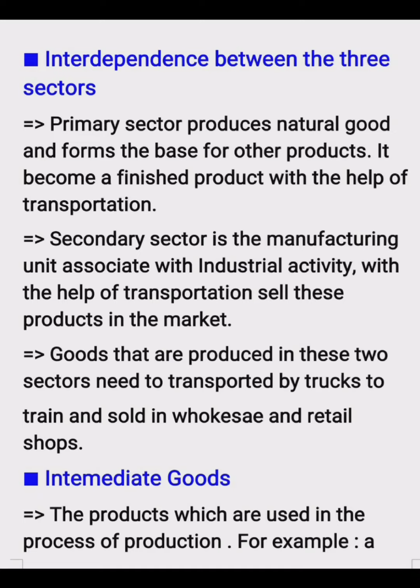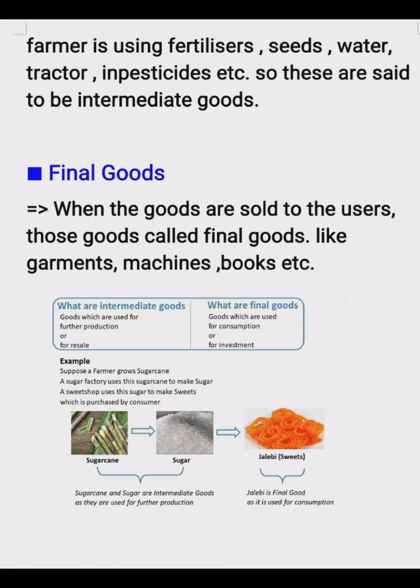Let's talk about intermediate goods. Intermediate goods are those which are used up in the production process to make final goods and services. For example, wheat flour. Let's talk about final goods. Final goods and services are those which reach the consumer for final consumption or capital formation.